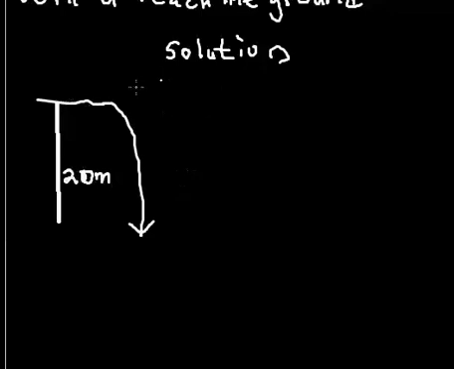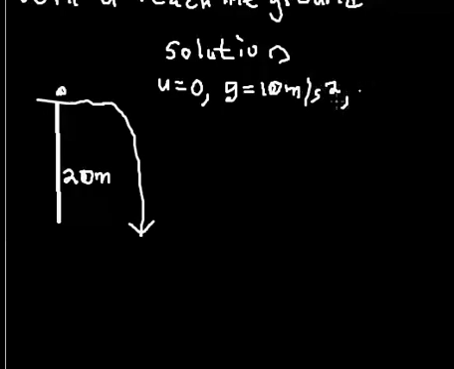From the height where this object is being projected from, the initial velocity is equal to 0, so please take note of that. Our g still remains a parameter we should not ignore. In as much as motion under gravity is concerned, g cannot be ignored. And h is 20 meters.